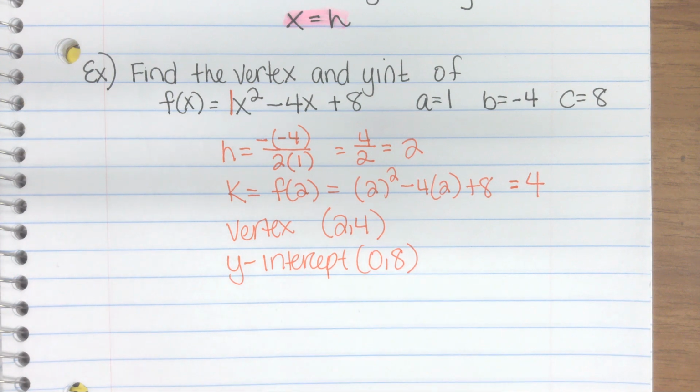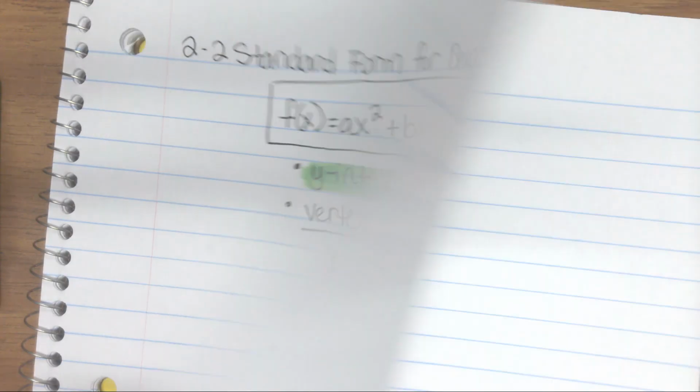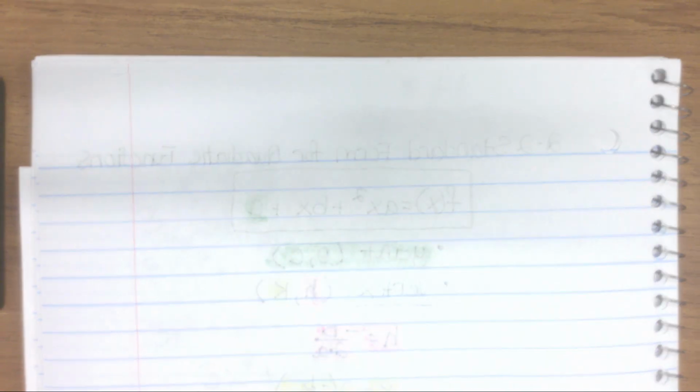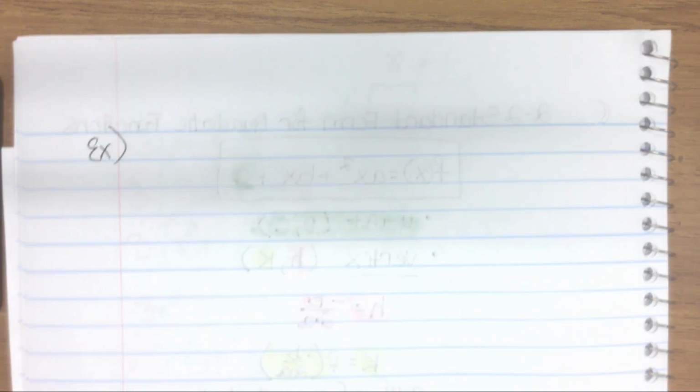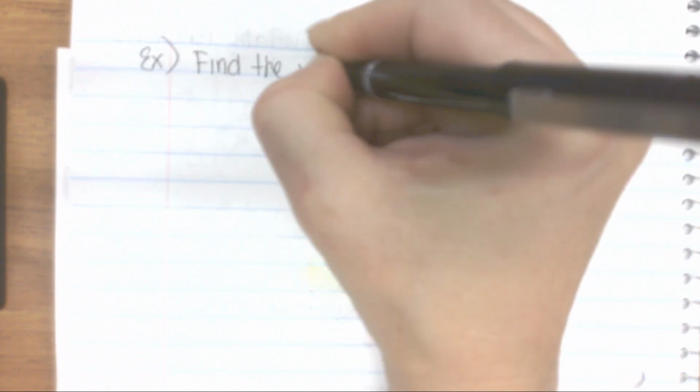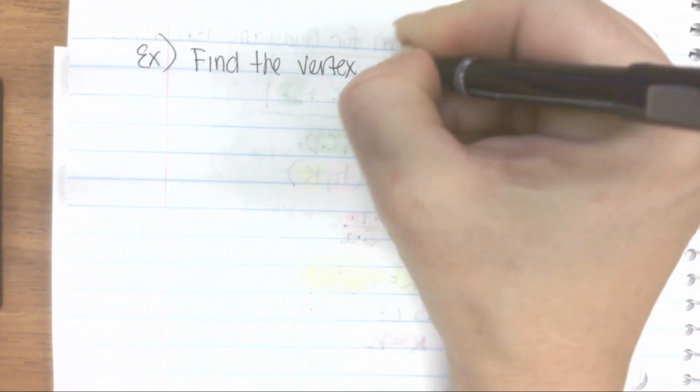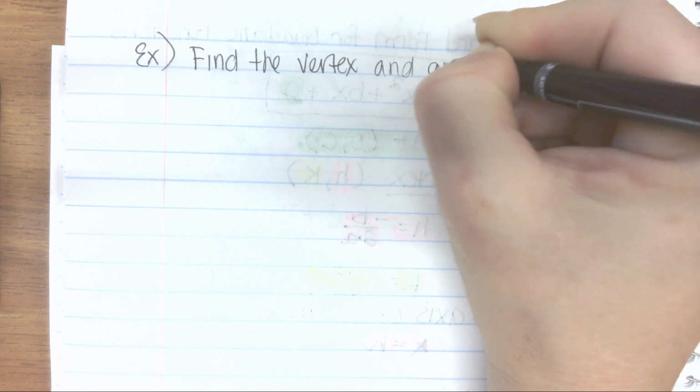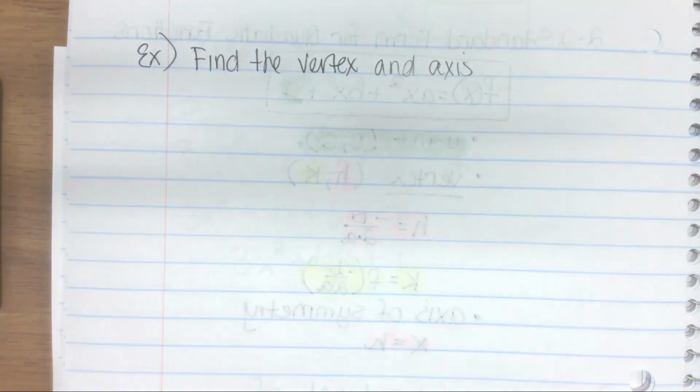All right, let's try one more example. Let's do one with a negative coefficient. This time we're going to find the vertex, and let's do axis of symmetry.